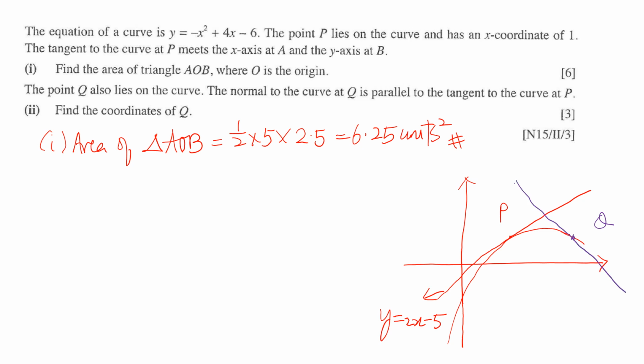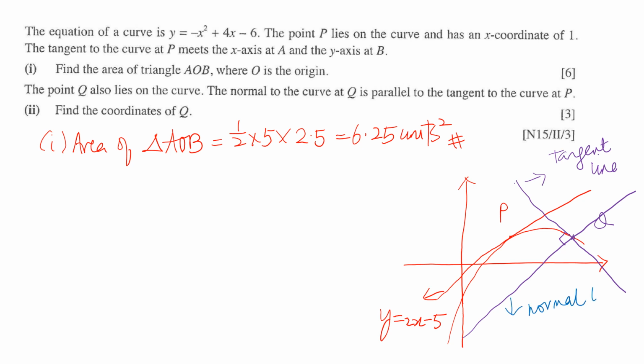And then from there, we can have a normal line. These two lines are perpendicular to each other. So this is my tangent line, and this is my normal line.